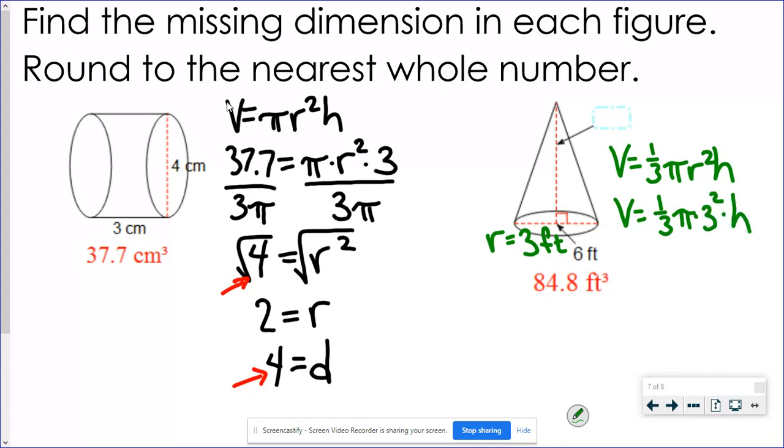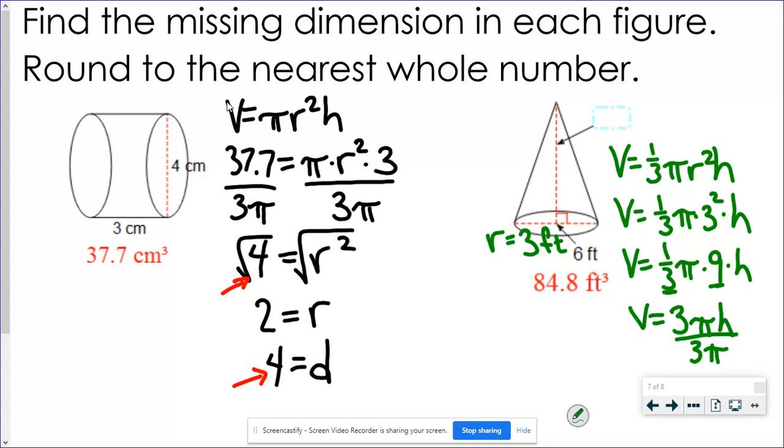I don't know the height. Now remember, I can't do the simplifying with the 1/3 and the 3, but 3 squared is 9. So if you wanted to, you could certainly simplify this. 1/3 times 9 would just give me 3. So I could divide by 3 pi.